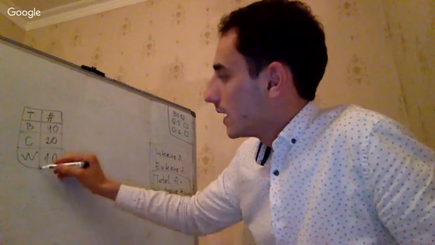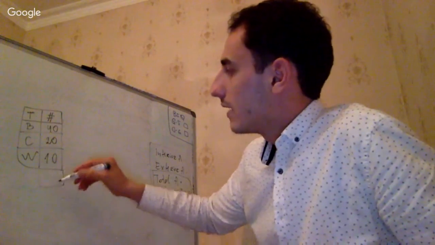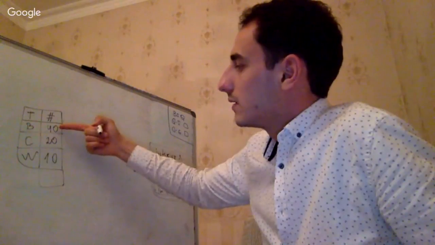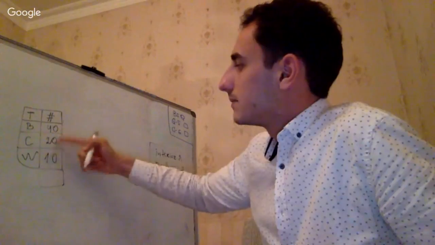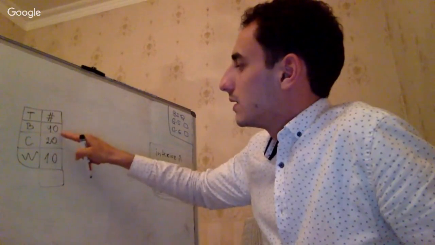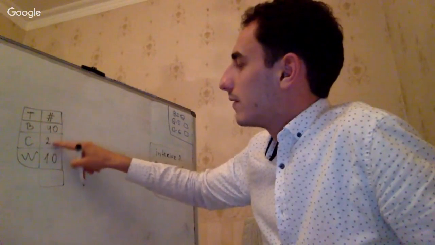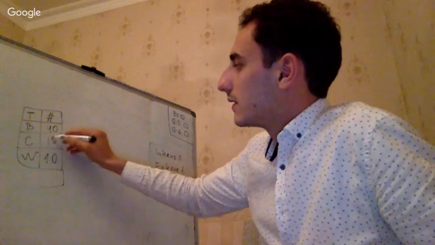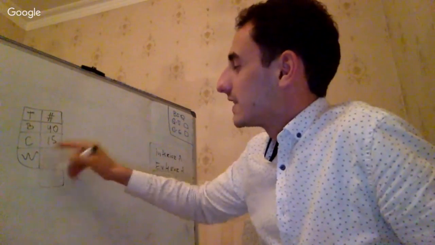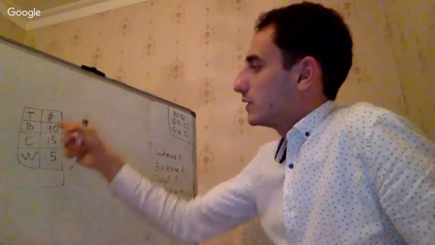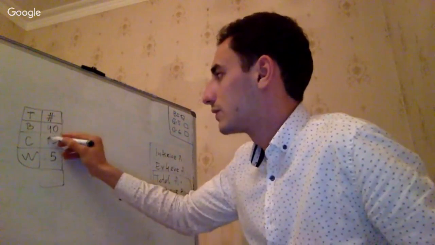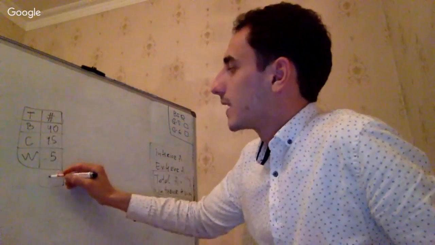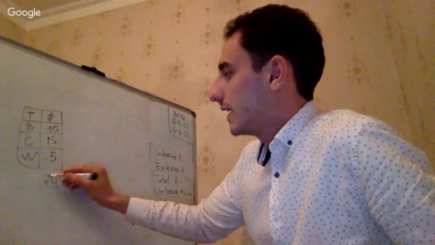And how many total students do I have? Let's say here will be 15, not 20, and 5 students walk. Easy calculation. 40 students go by bus, 15 by car, 5 walk to school. In total, I have 60 students, right? 60 students I have.